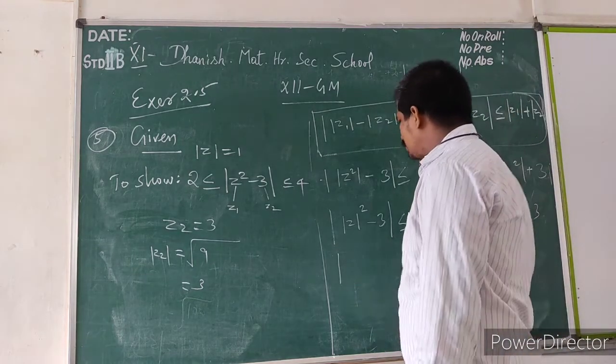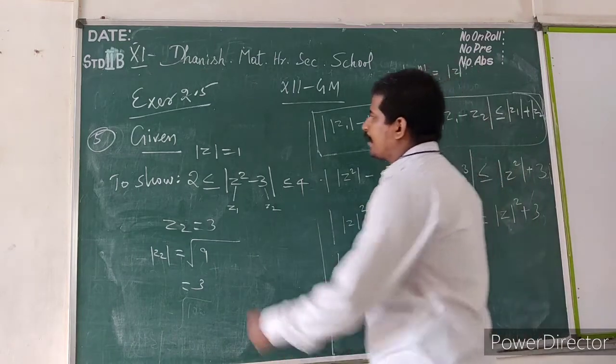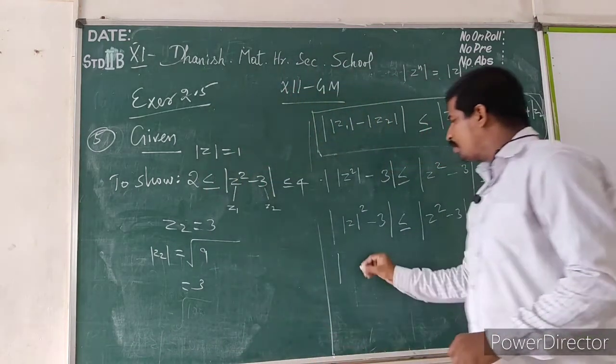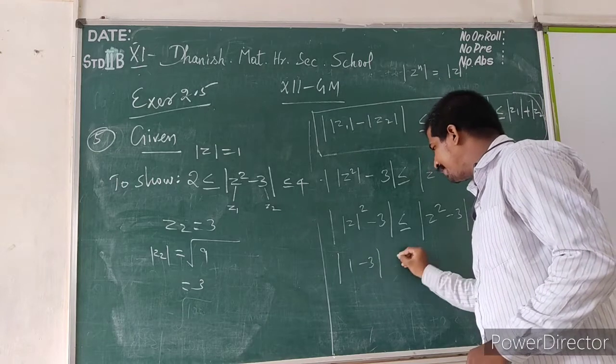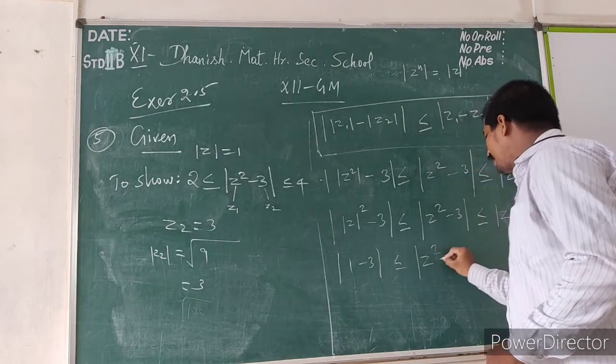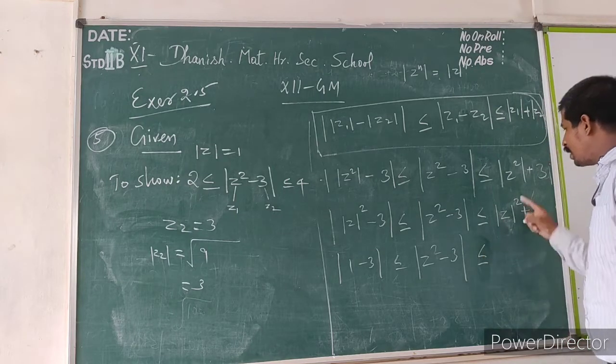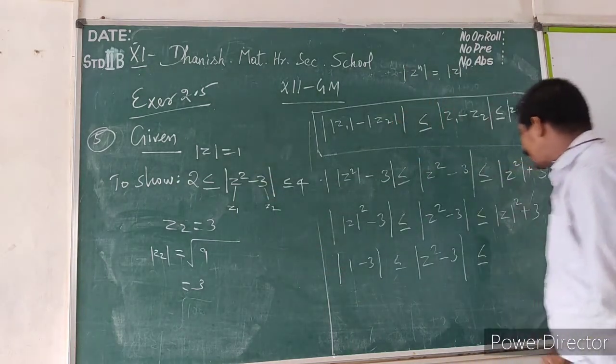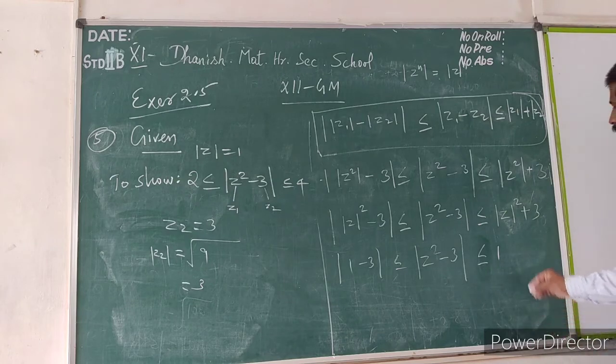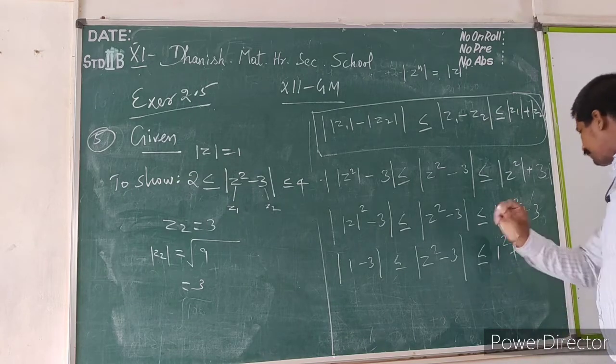Here we are having modulus z whole square. What's our modulus z? 1. So 1 square minus 3 less than or equal to modulus z square minus 3 less than or equal to, here also modulus z whole square. What's our modulus z? 1. So 1 square plus 3.